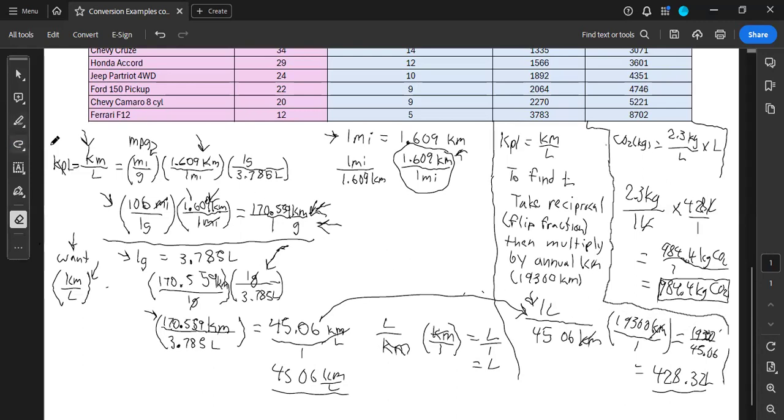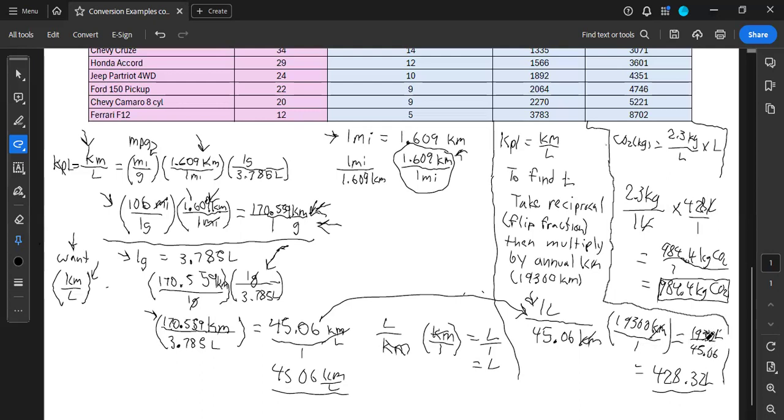All right. So that is 19,300 liters over, we multiply across here, we have 45.06. Remember the kilometers cancel out? So 45.06 times 1 just gives us 45.06.